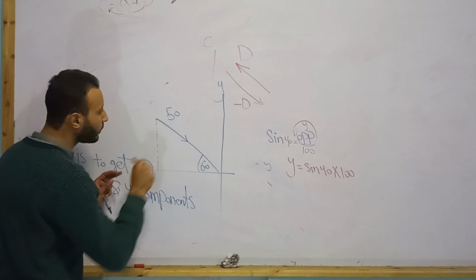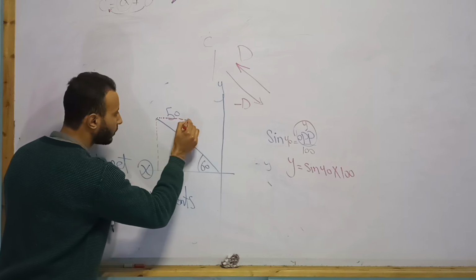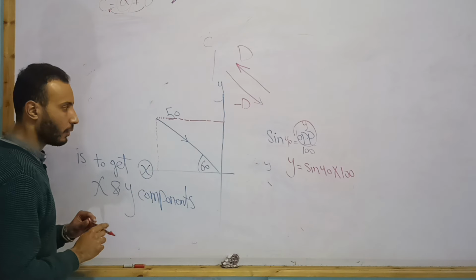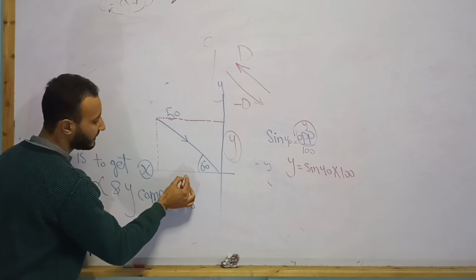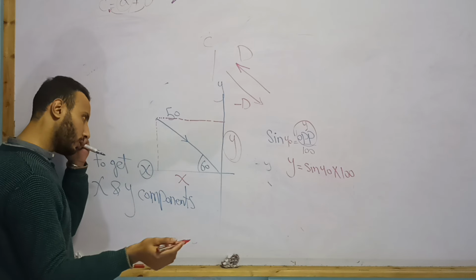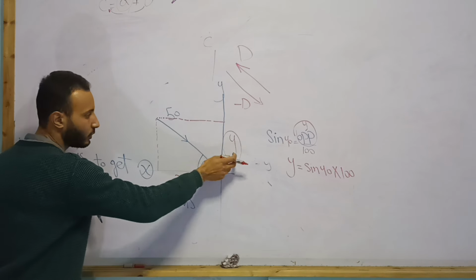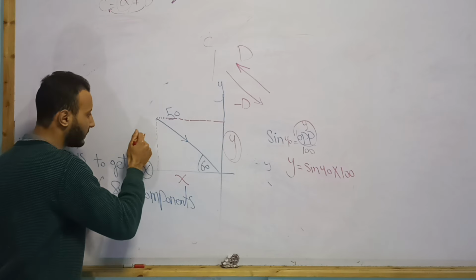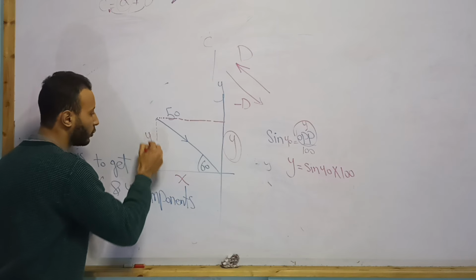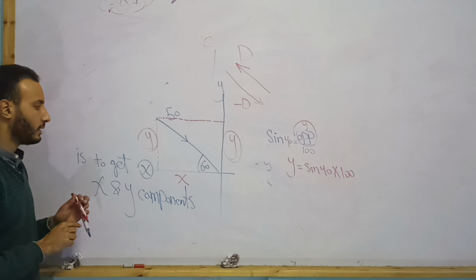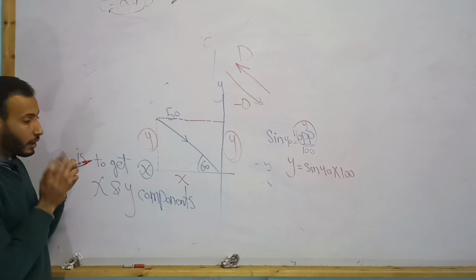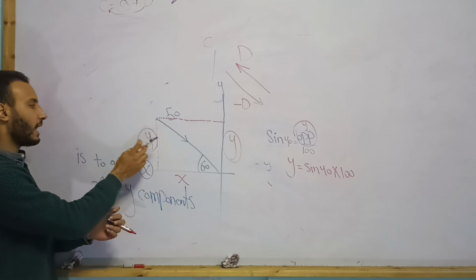So where is the y component? Perpendicular line to the y. Okay? So this is the y, and this is the x. And you don't forget that this part equal this part. So this is also the y component. So by getting this part, you can get this part. Okay, that's fine.